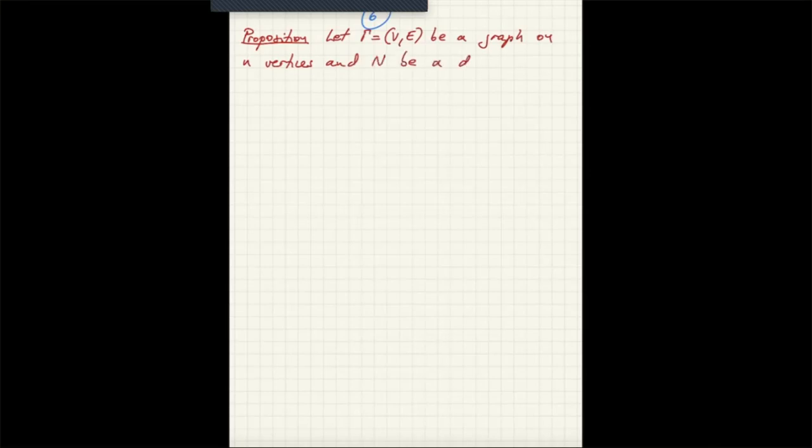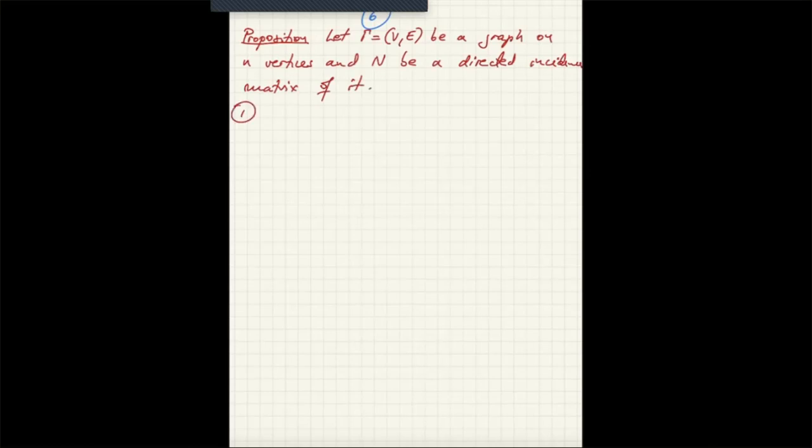And so let's prove the following proposition. So now we're coming back to the incidence matrix. So let's say, let gamma be a graph on n vertices and N be a directed incidence matrix of it. Okay.